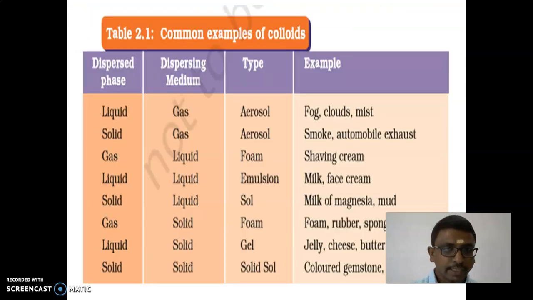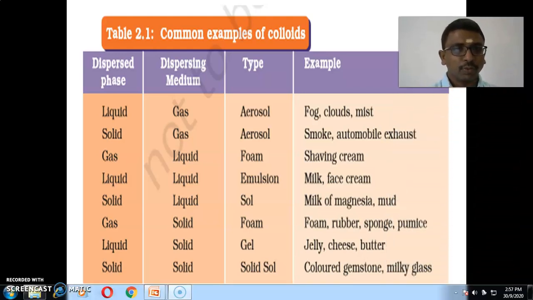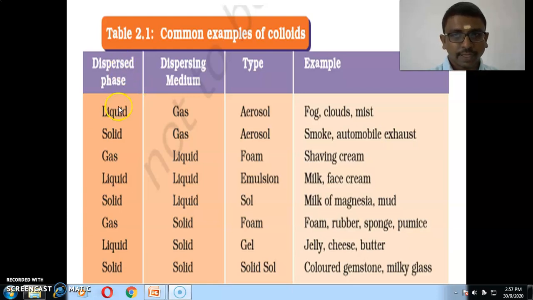So there are various examples of colloidal solutions. Let me see one by one. If the dispersed phase is liquid and the dispersion medium is gas, it's a type of aerosol. The examples are fog, clouds and mist. And dispersed phase is solid and dispersion medium is gas. So what is the type?